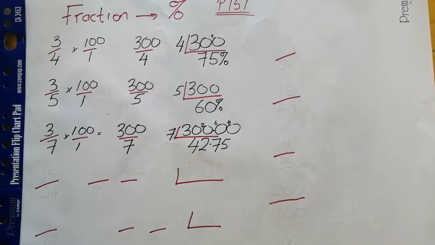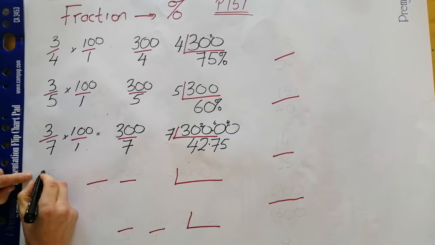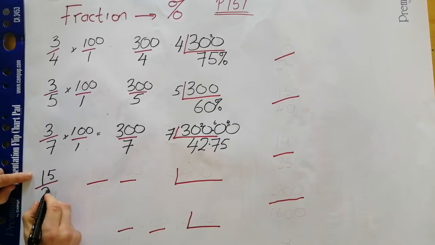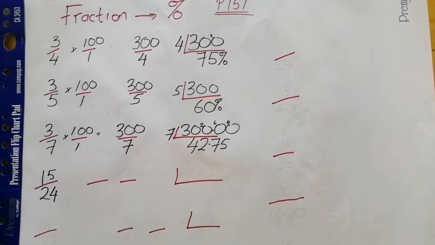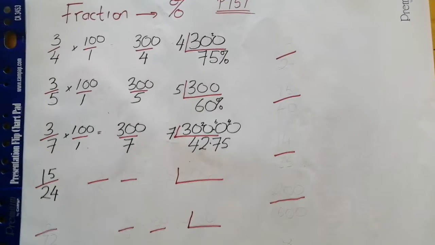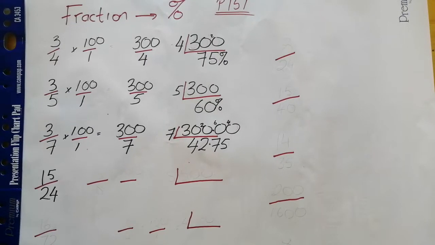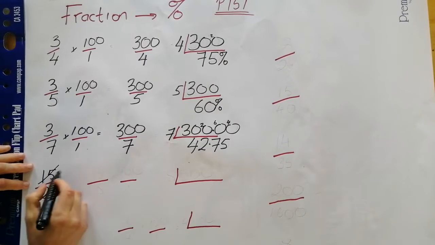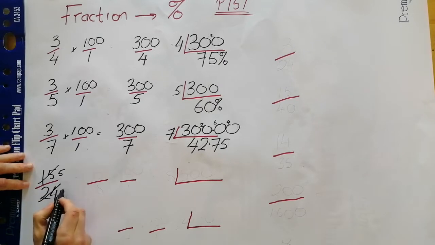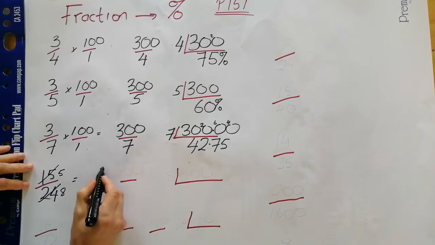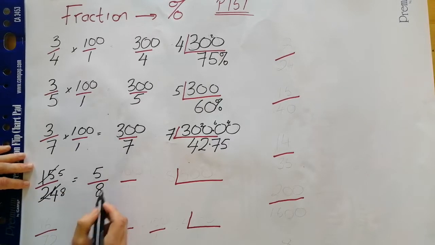Alright, so just in case we get one that needs to be simplified, to break this down, we work out what number goes into 15 and into 24. And of course 3 goes into both. So 3 into that goes 5 times, 3 into that goes 8 times, which gives us 5/8.